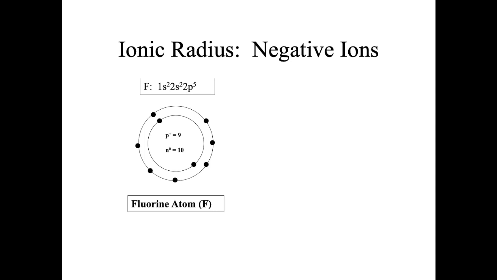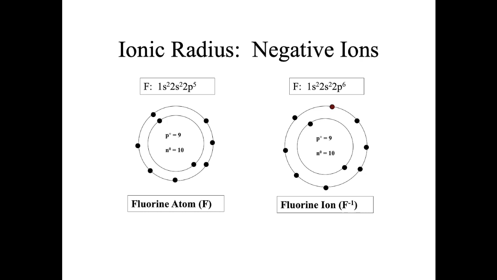It's kind of the opposite with negative ions. So if we look at fluorine here, fluorine has 7 valence electrons. It only needs to gain 1 in order to fill up that outermost energy level. So when it does, though, it's adding another negative electron.